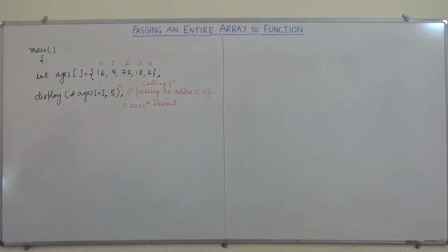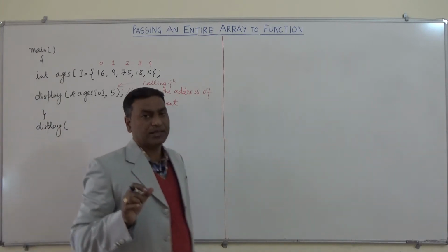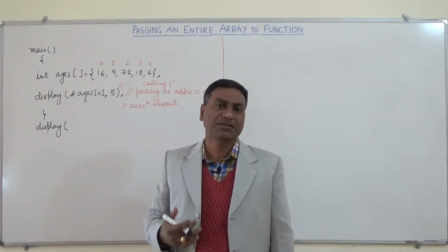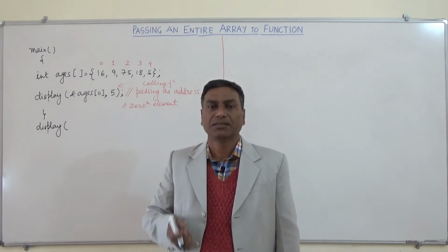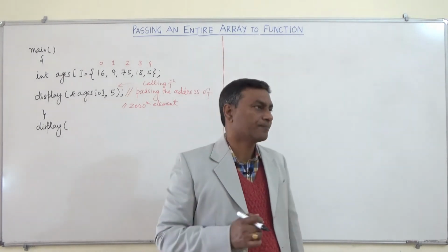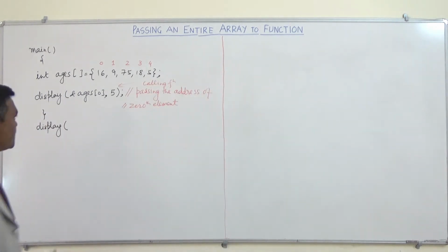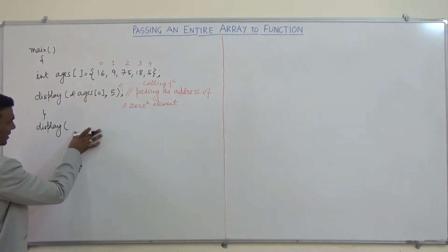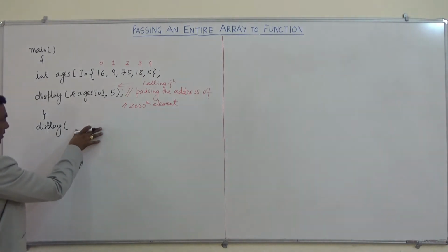Now we will close it here and we will define this display, because here we are taking two arguments. One is we are passing the address of 0th element, and the other is the actual value, that is 5. So these are the actual arguments. As the formal arguments, here we will use two formal arguments.